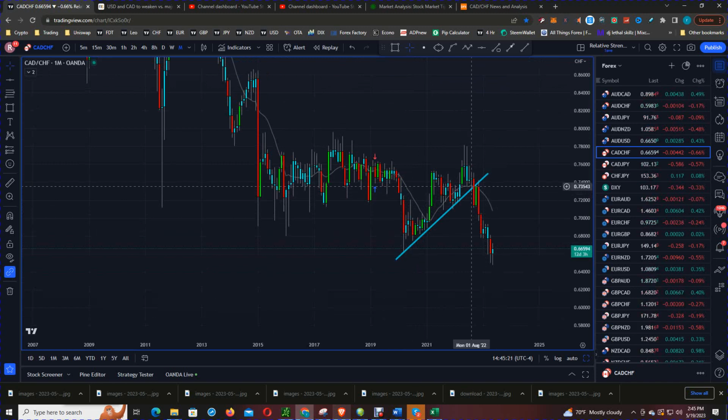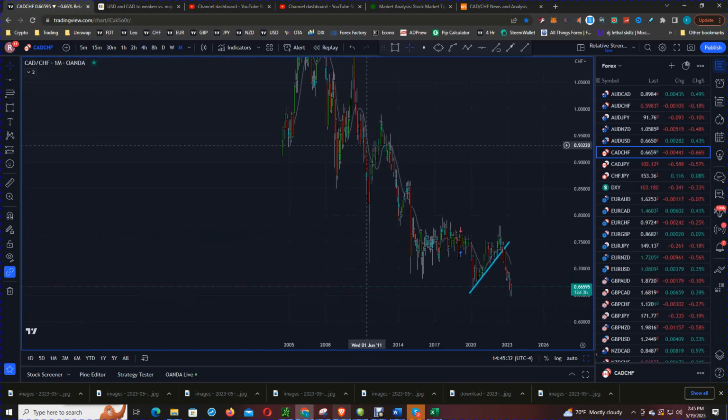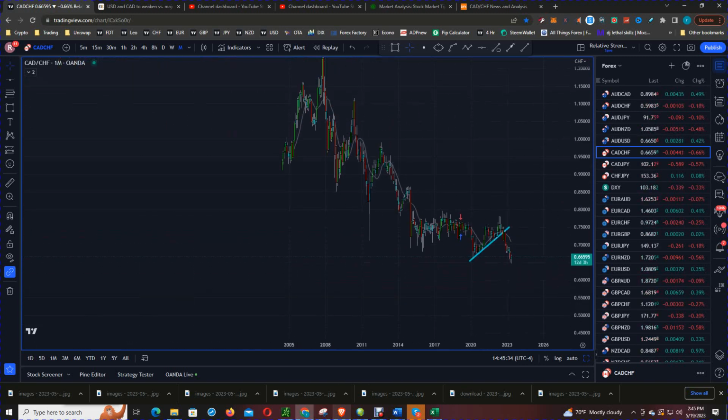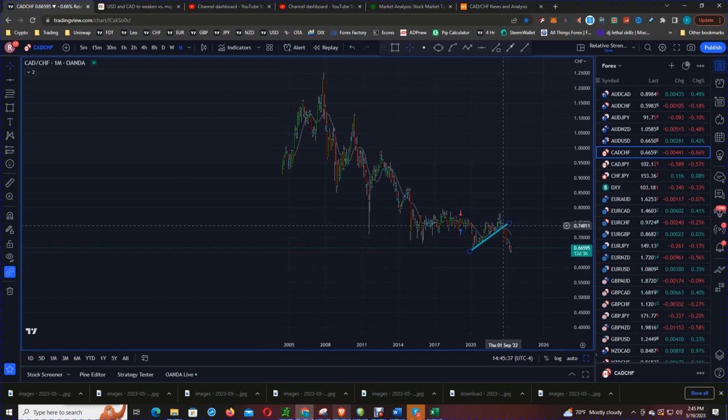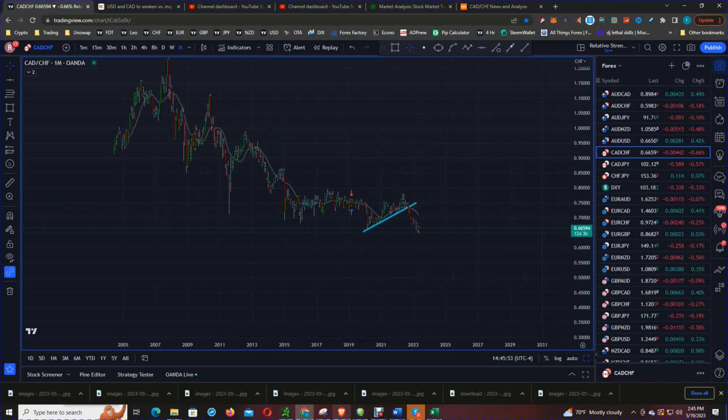you can see price broke this monthly uptrend line last year in September. Regarding the pair, it does continue to decline, right? Going back to 2007, it was in a wide range for about 5 years. Started to climb.